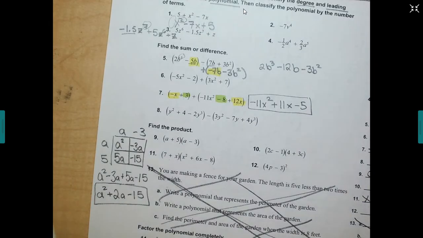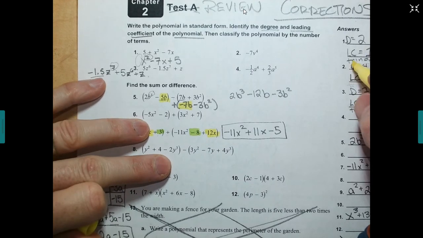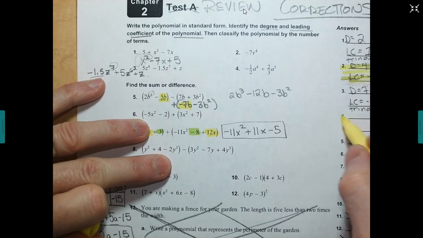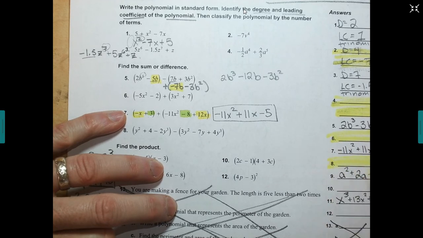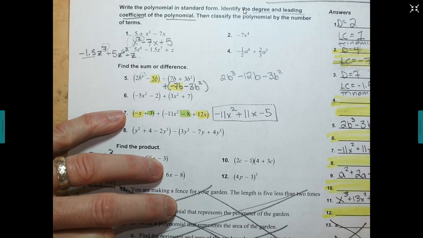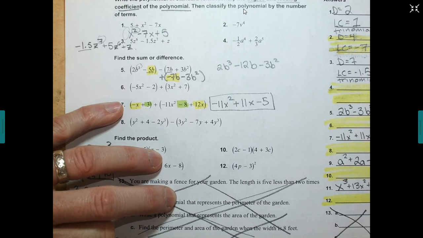So let's go through here. We'll do all of our even ones. Okay.